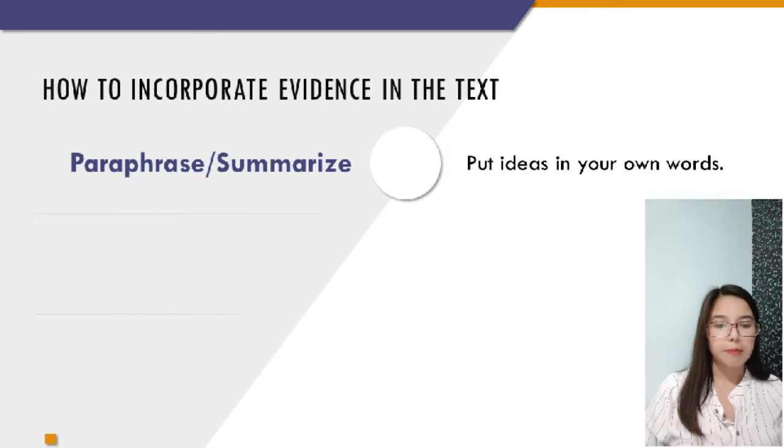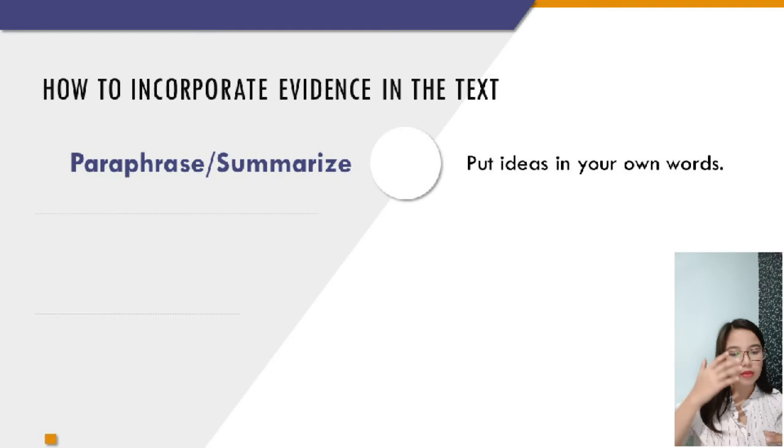For example, you think that the Philippines is now ready to hold face-to-face classes this coming school year. Then the evidences that you gathered are from the report of the DepEd, the report of the Department of Health, and the announcement or the memorandum from the local government unit. You will summarize or paraphrase all of these things, put them in your own words, and that is already a claim and the evidence. Later on, I will show you how to do this.